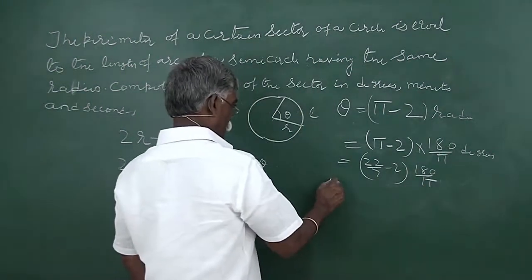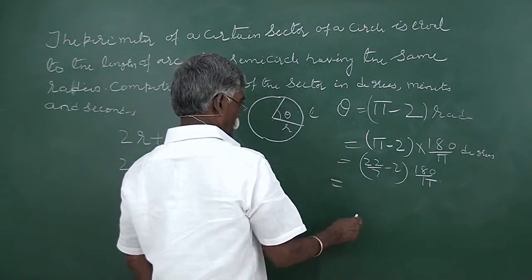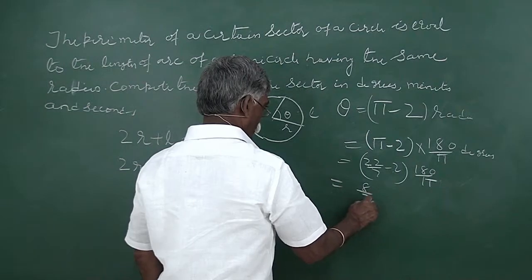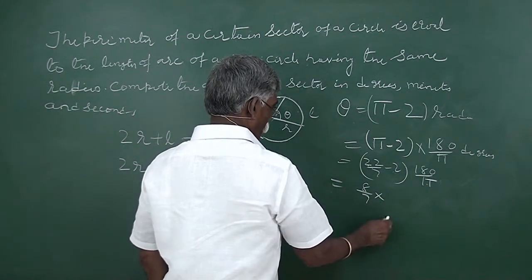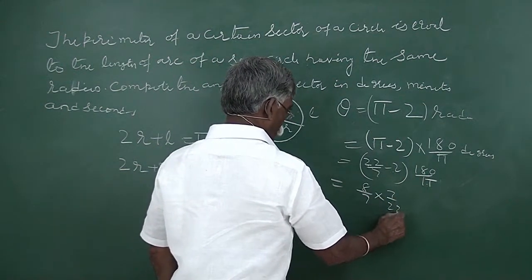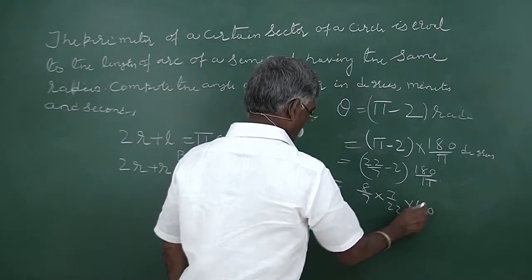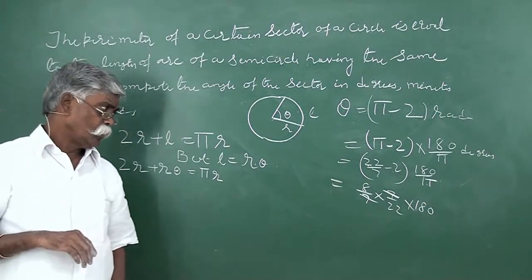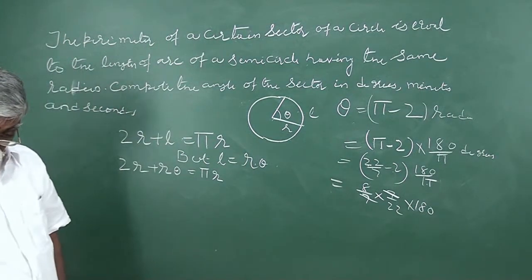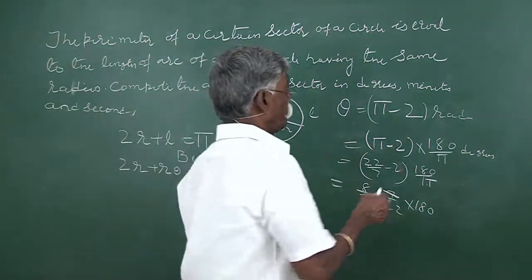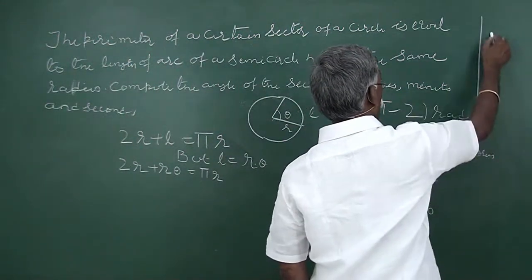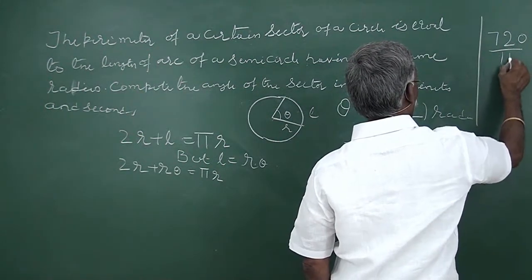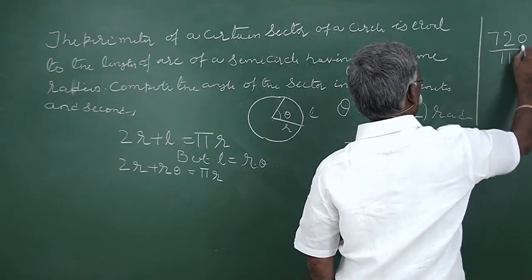At present we will keep it like that. 22 minus 14, it becomes 8 by 7 into this pi is 7 by 22 and this is 180. 7 gets cancelled. So therefore it is 720 by 11 degrees.